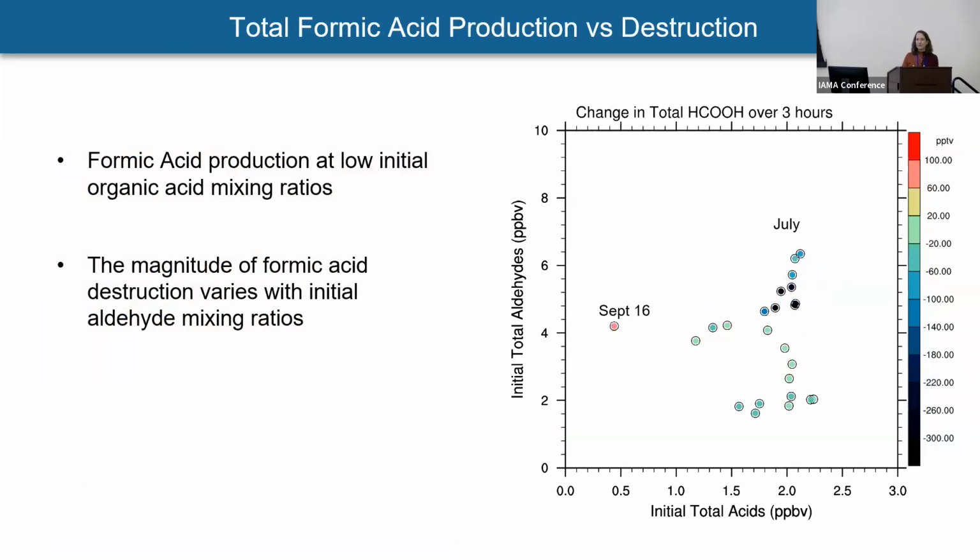And the main difference between those is the initial total acids for the September case compared to the July case. So that's as far as I've gotten. I've just been thinking about this over the last couple of weeks. And so I really would welcome any comments and ideas about how to understand organic acid formation.